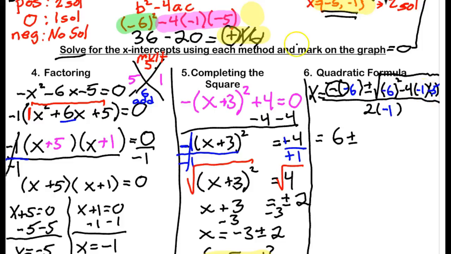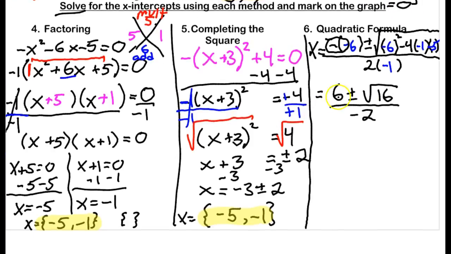This whole thing we already calculated up here at +16, so square root of 16, all divided by -2. So both with the completing the square and the quadratic formula, we already had part of it done. So it's actually a little less than you might think. That formula usually takes a little longer. And again, square root of 16 is 4.